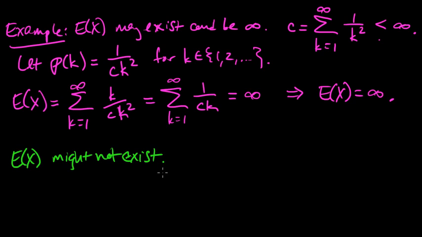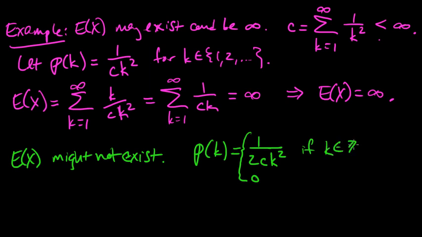So if we modify this, and this one was just taking positive integers, if we basically do the same thing but also include some negative integers, so if we say p of k equals 1 over, we have to divide by 2 in order to make it sum to 1, 1 over 2ck squared, and I'll write it this way, if k is an integer and k is non-zero, and anything else, it's going to be 0.